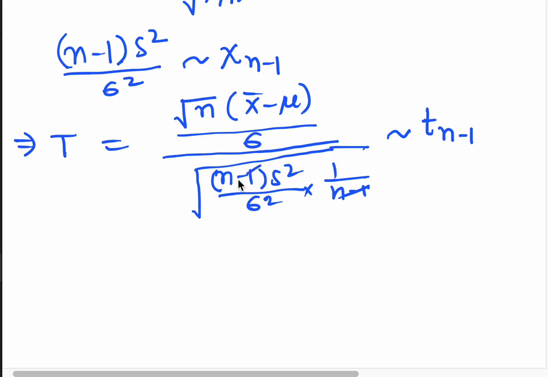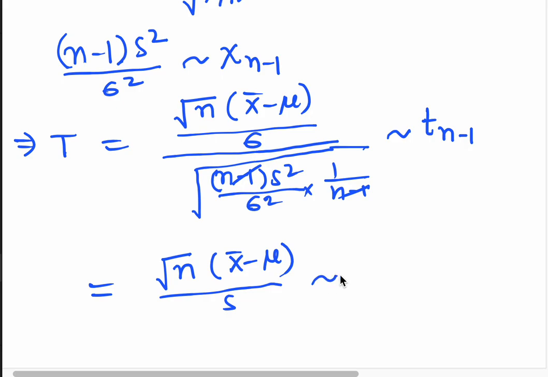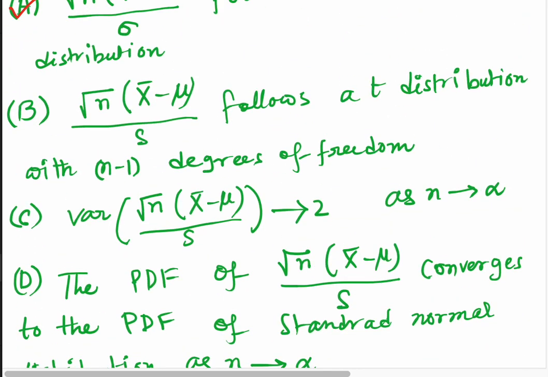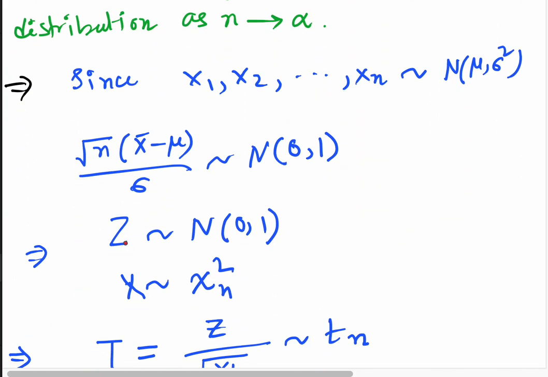Now if you simplify this, you will get root n times x bar minus mu by s. So this follows a t distribution with degrees of freedom n minus 1. So the second is also true.